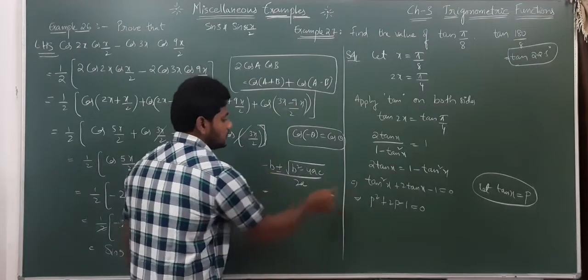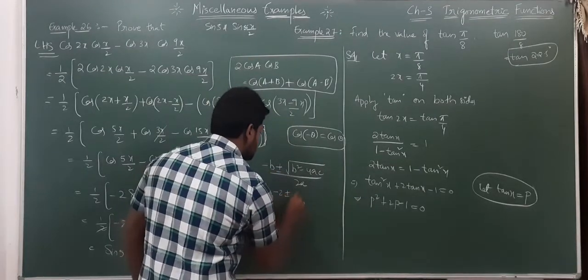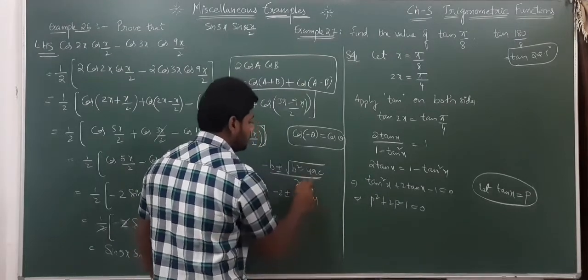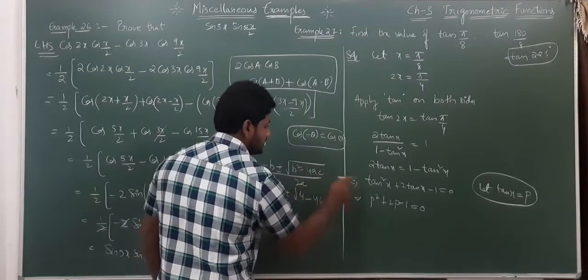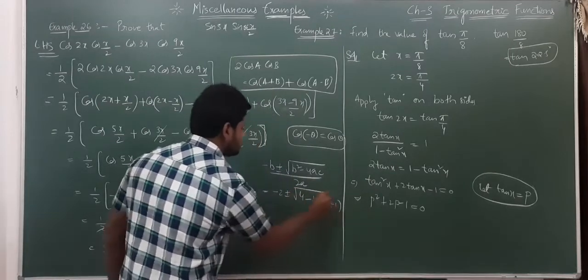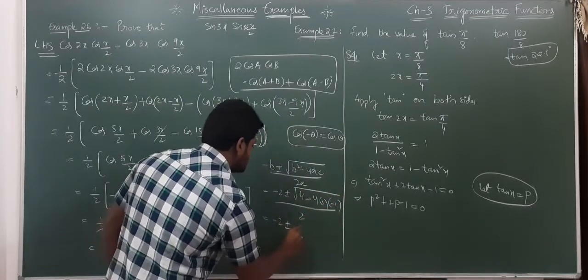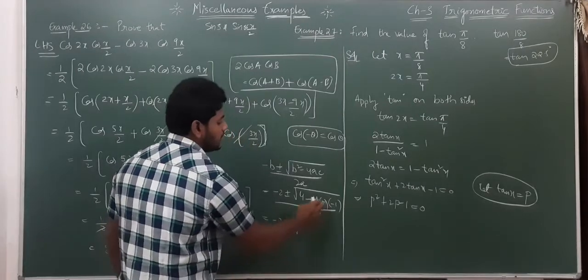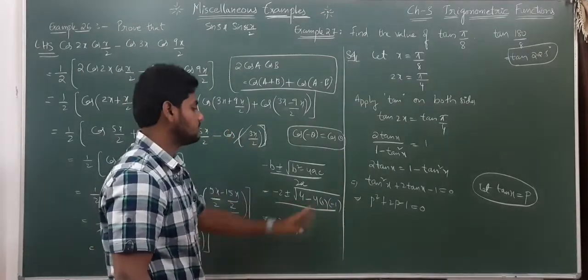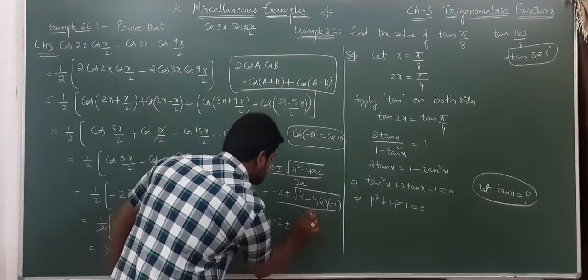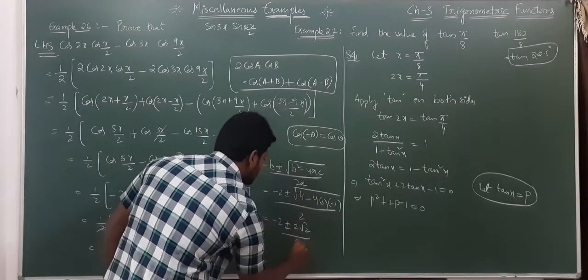So minus 2 plus or minus square root of 2 square, 4, minus 4 into a value 1, c value minus 1, divided by 2 into a, which is 1. So minus 2 plus or minus square root of 4 plus 4, 8. Square root of 8 is nothing but 2 root 2. You know that. 2 root 2 divided by 2.